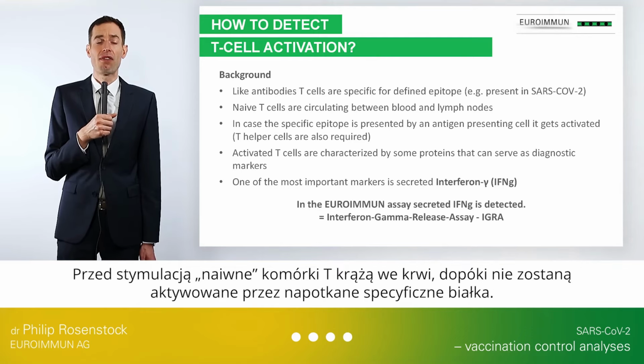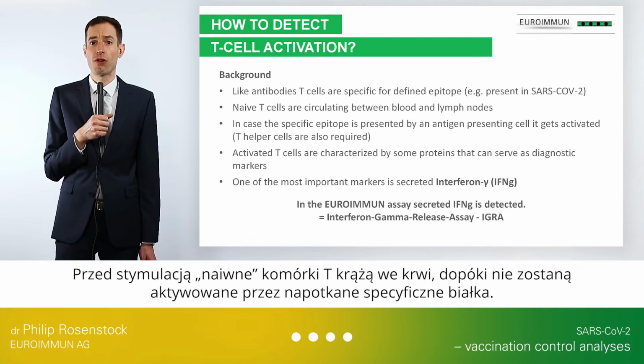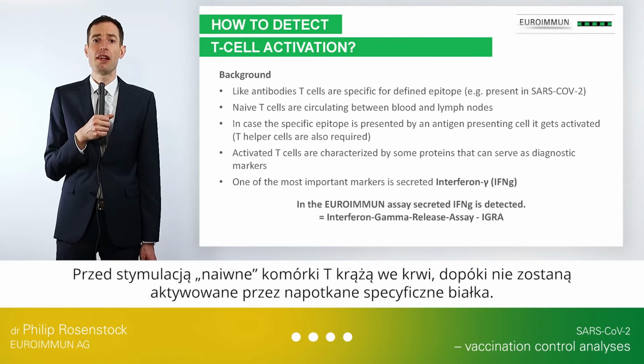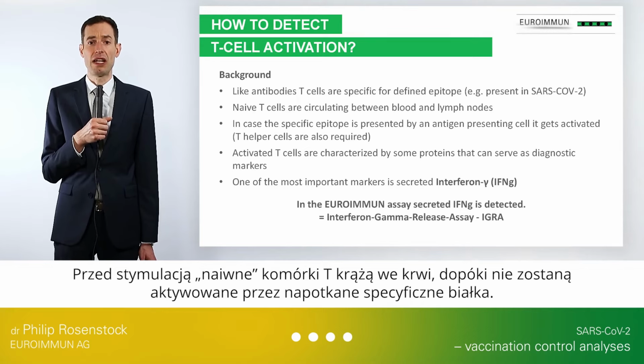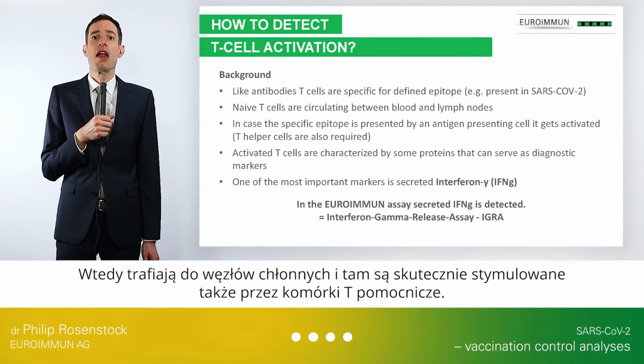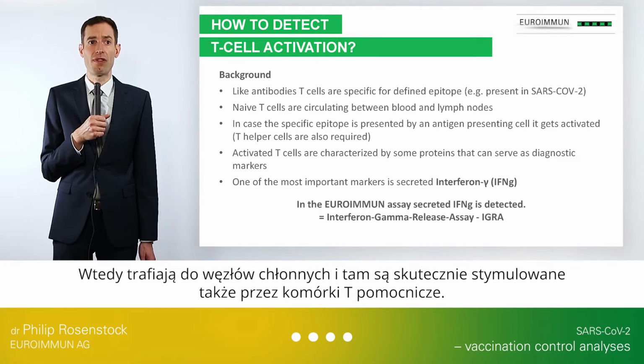Before stimulation, naive T-cells are circulating in the blood until they are activated in case they meet the specific protein. Then they go back to the lymph node, and there they are stimulated efficiently, also with the help of T helper cells.